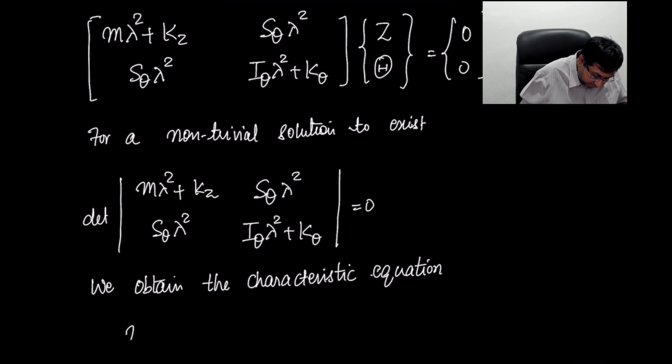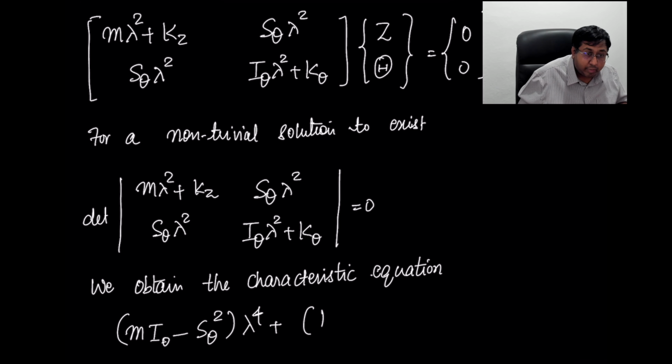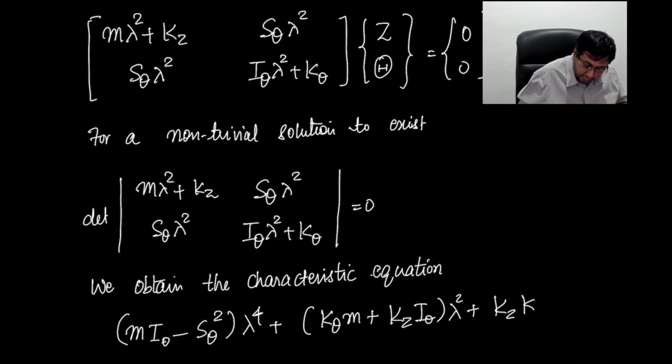Otherwise, we get the characteristic equation as (m I theta minus s theta square) into lambda to the power of 4 plus (k theta into m plus kz into I theta) into lambda square plus kz into k theta is equal to 0.